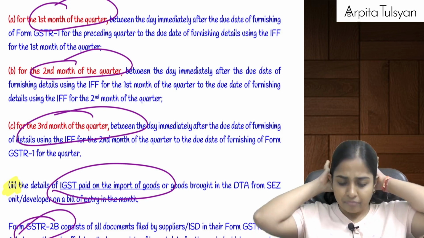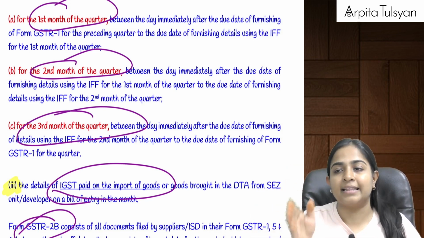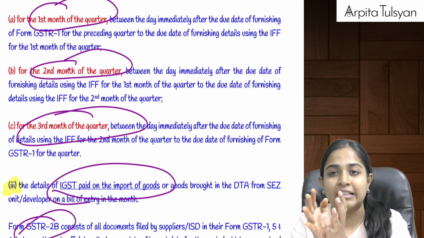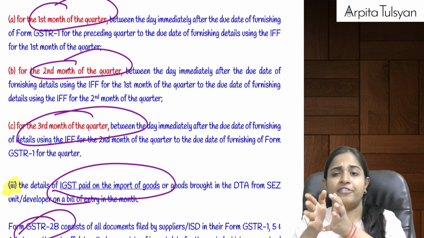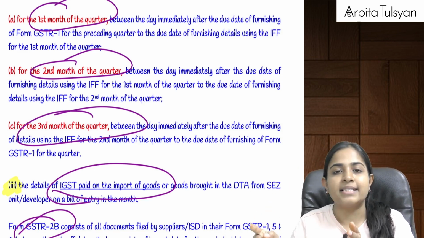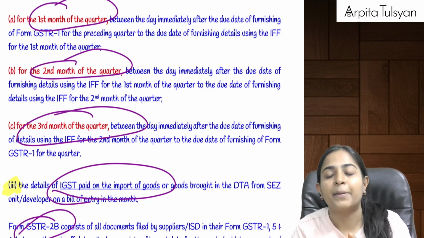In such a case, out of these two dates, whichever is later, that is 13th, whatever data has been put in GSTR1 or IFF till 13th will be available to the recipient for claiming the input tax credit in its GSTR 2B for that particular month.